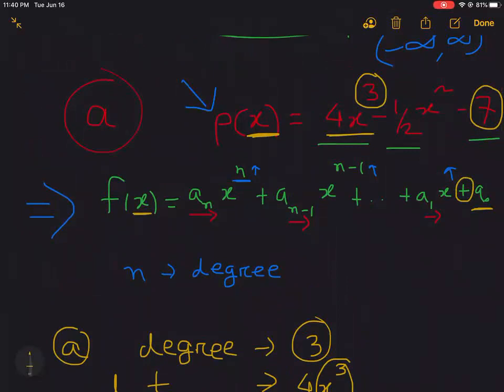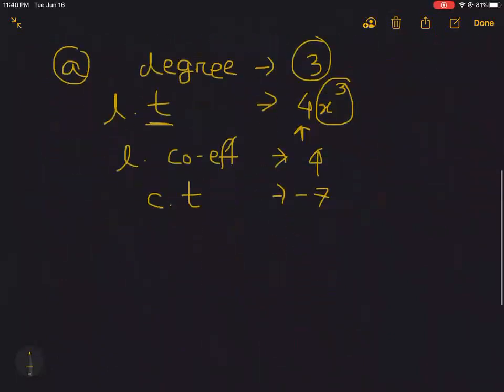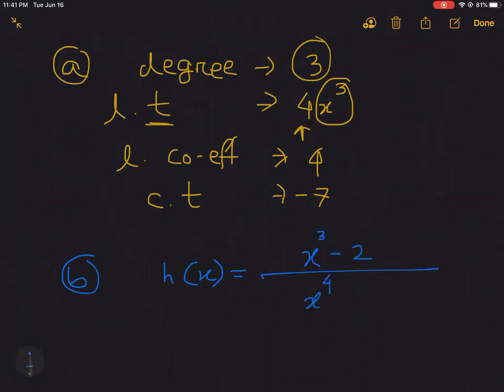Now, we want to see different examples of this. So let's try the next example. Let's say this one is h of x, and in the numerator we have x cubed minus 2, and in the denominator we have x to the 4 plus 1. Now, what's the degree of this? First of all, your question should be, is this a polynomial?